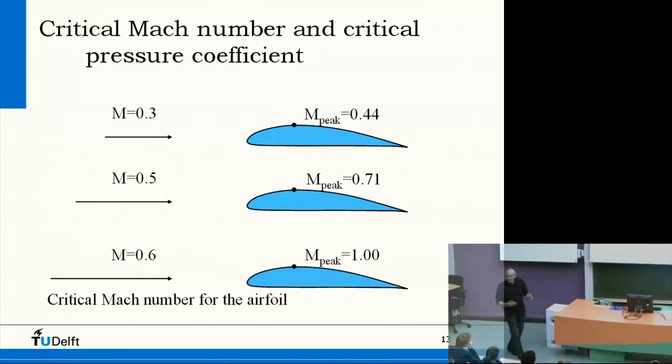So the critical Mach number, by definition, is the Mach number of the incoming stream for which Mach 1 is encountered somewhere on the airfoil. And that usually is next to the thickest point, of course, because there the velocity is highest.